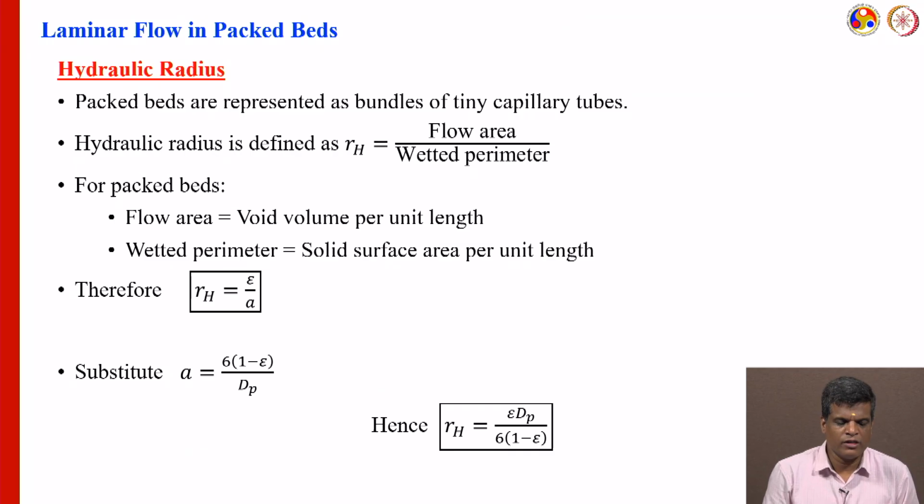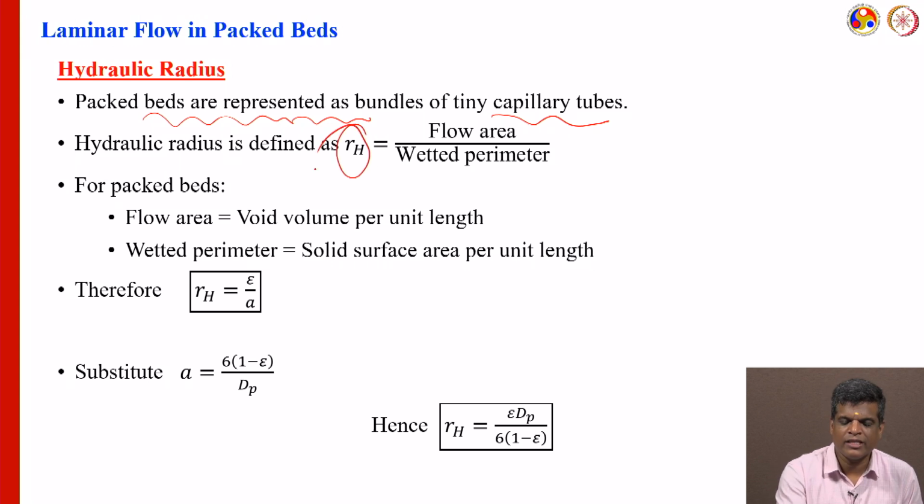Then we discuss hydraulic radius. A packed bed is represented as small particles in a small capillary tube. So we always say hydraulic radius. Hydraulic radius is the ratio of flow area to wetted perimeter. For a packed bed, the flow area is the void volume per unit length.